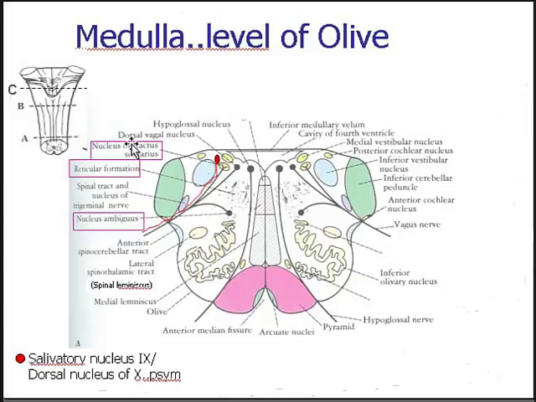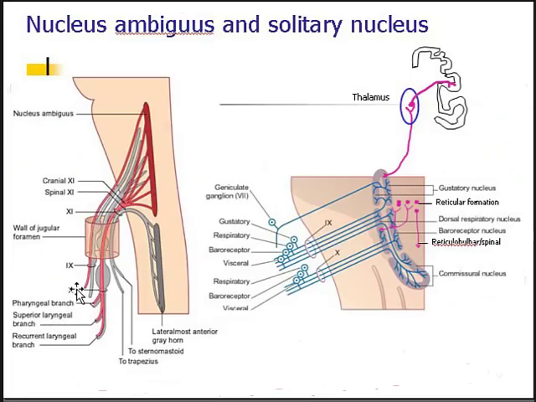So let us look at this in a little more detail and go to the next slide. First I'm going to explain that nucleus ambiguus. The nucleus ambiguus is a motor component that belongs to the 9th to 11th cranial nerve. So you can see this is the nucleus ambiguus. It is in line with the anterior gray horn. You can see the anterior gray horn was motor. So here you can see how it is connected to the 9th, to the 10th, and to the 11th.